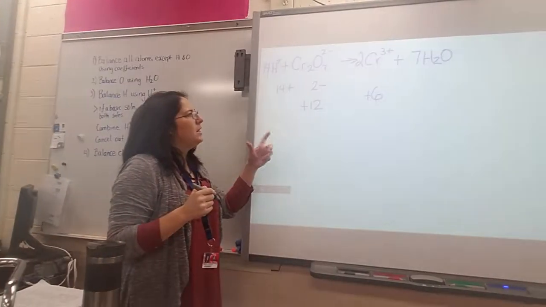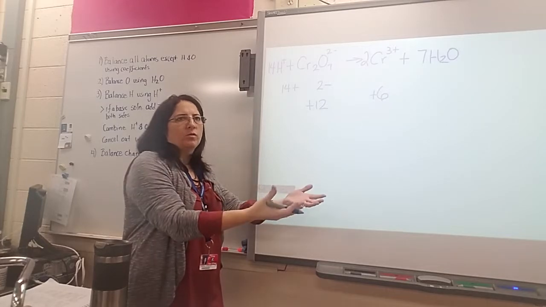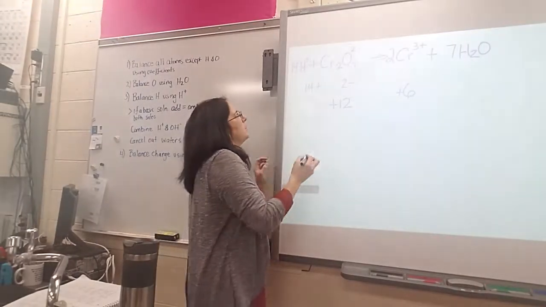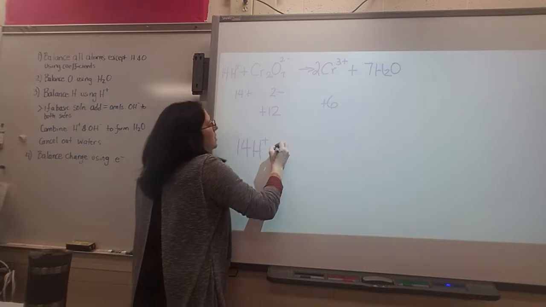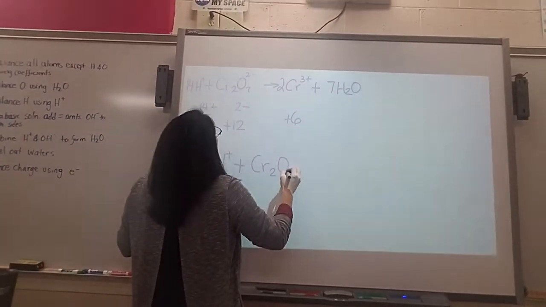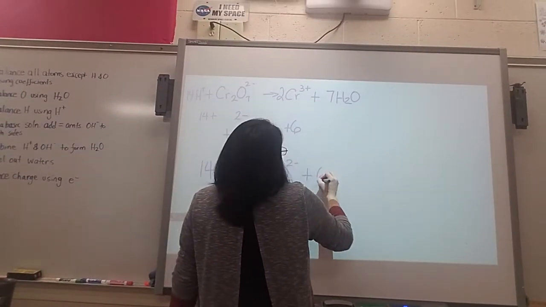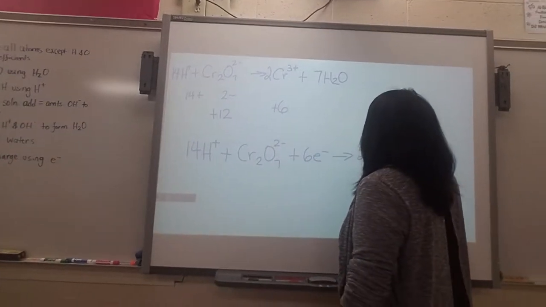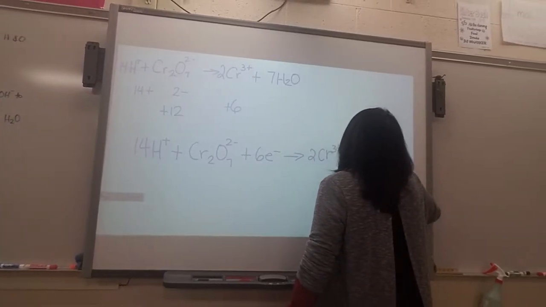So which side do I need to add my electrons to? The one closest to me or furthest away? Closest. How many do I need to add? 6 electrons. So my overall answer for this is 14H+ plus Cr2O7 with a 2 minus charge plus 6 electrons yields 2 Cr3+ plus 7 waters.